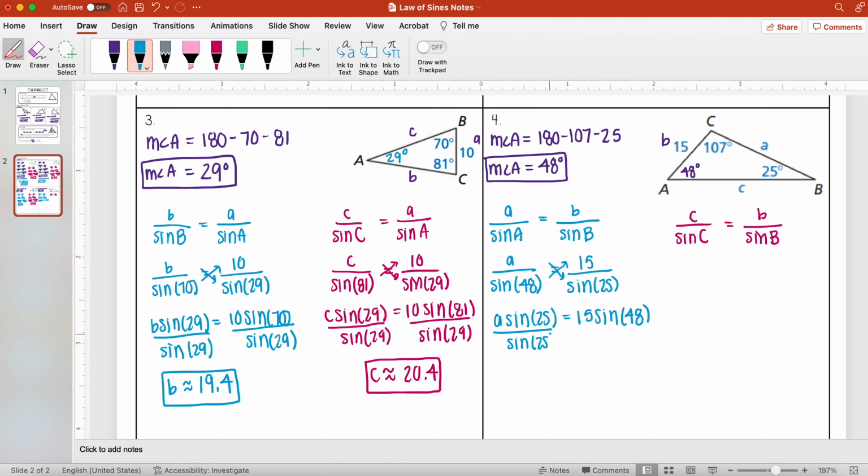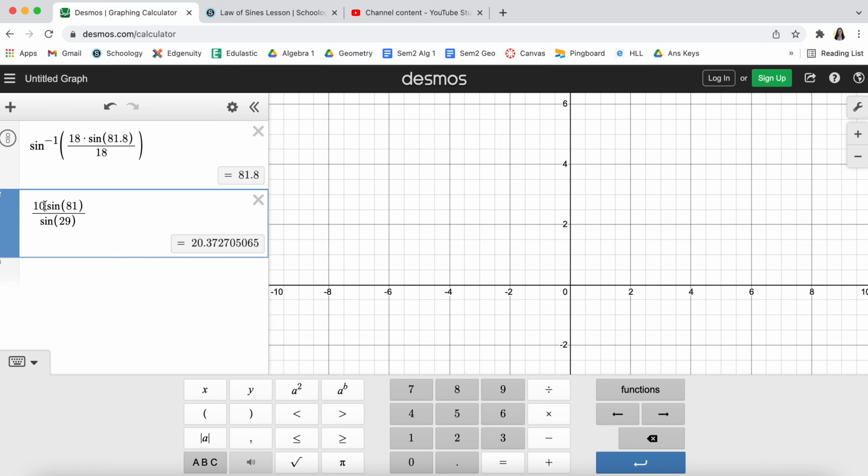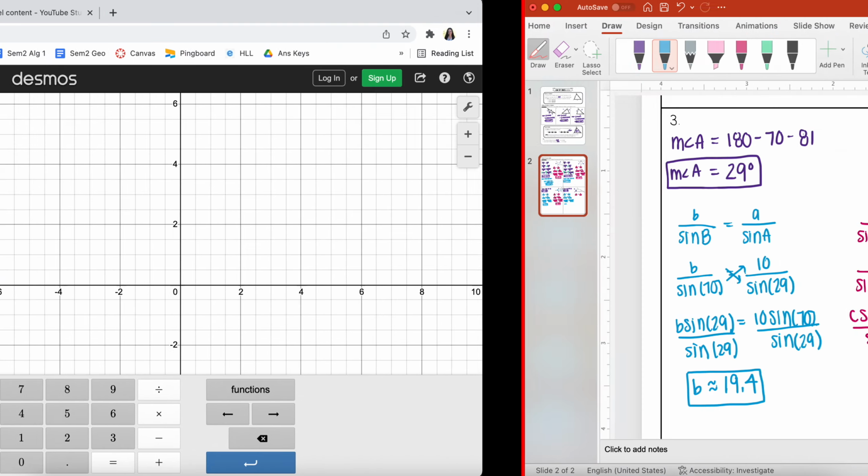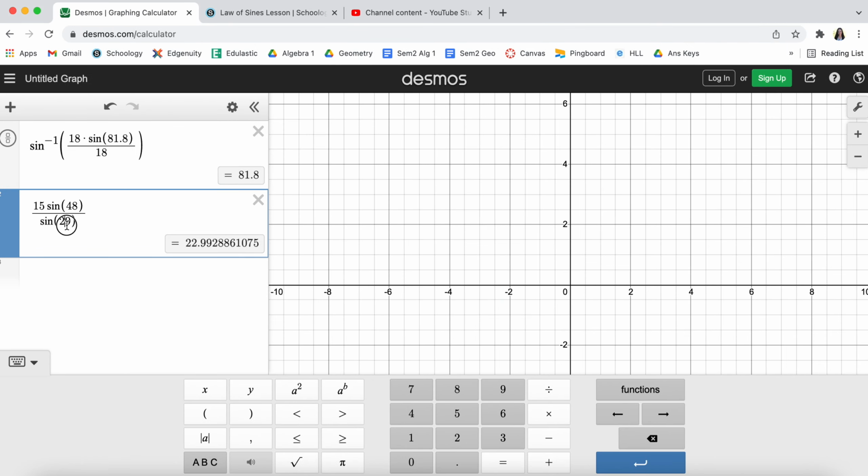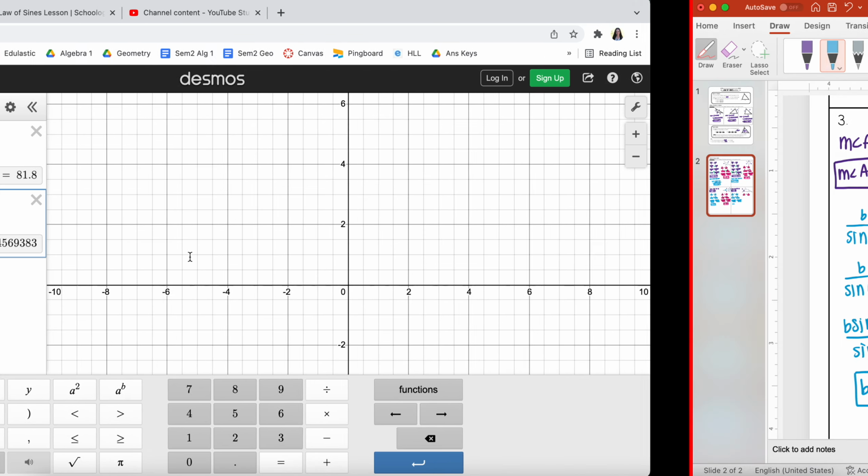Divide both sides by sine of 25. And I get that A is approximately 15 sine of 48 divided by sine of 25, which is 26.4.